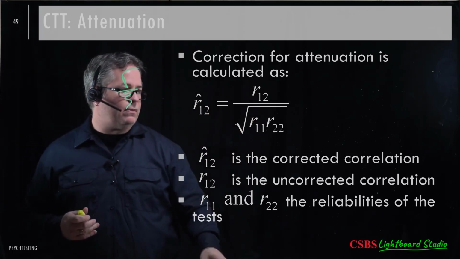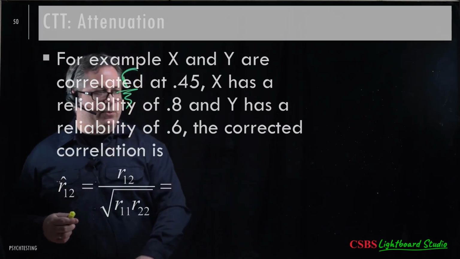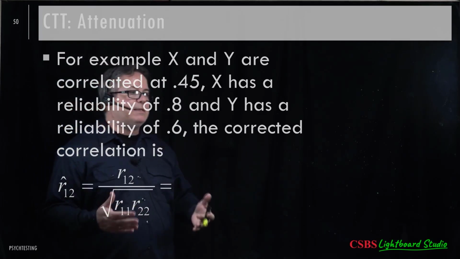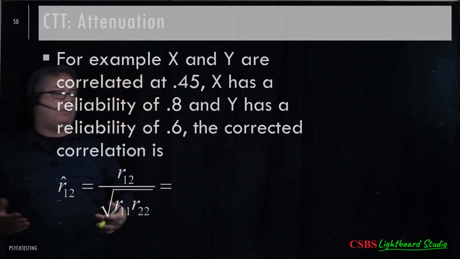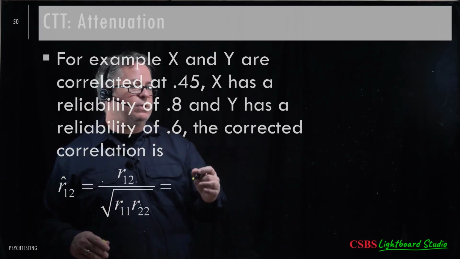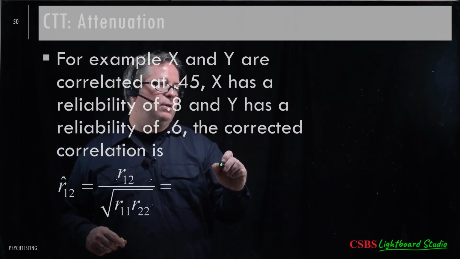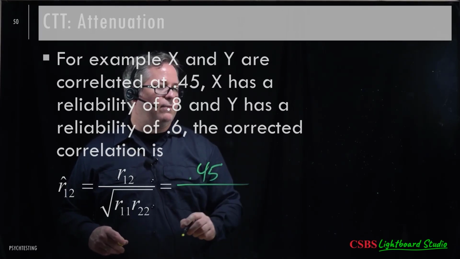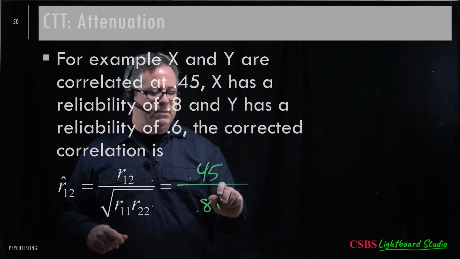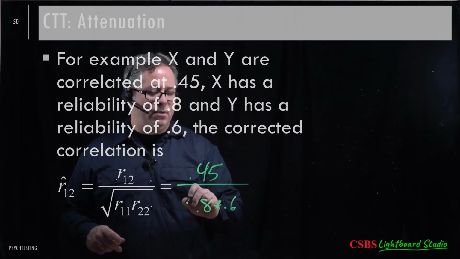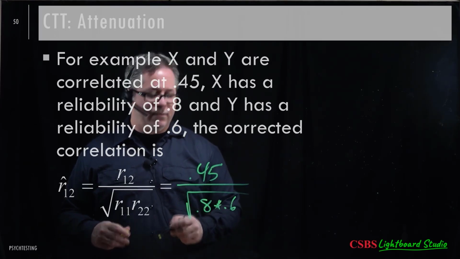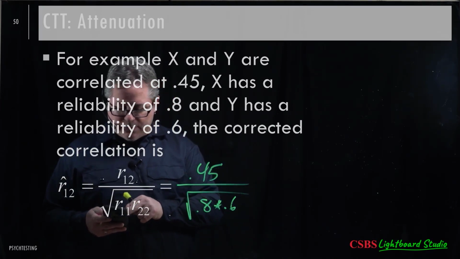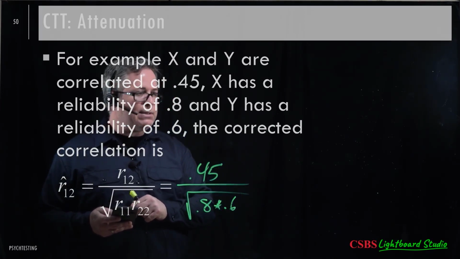So for example, you have X and Y correlated at 0.45. X has a reliability of 0.8. Y has a reliability of 0.6. So the corrected correlation: the actual correlation we have is 0.45. On the bottom we have the reliabilities, 0.8 times 0.6, which equals 0.48.